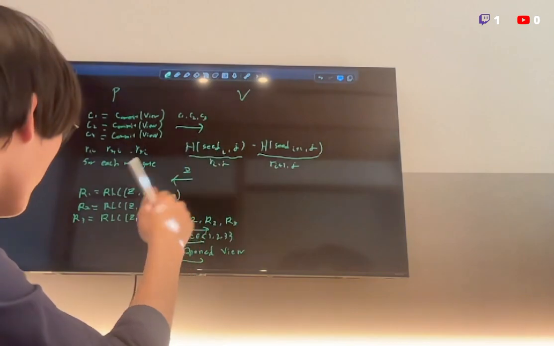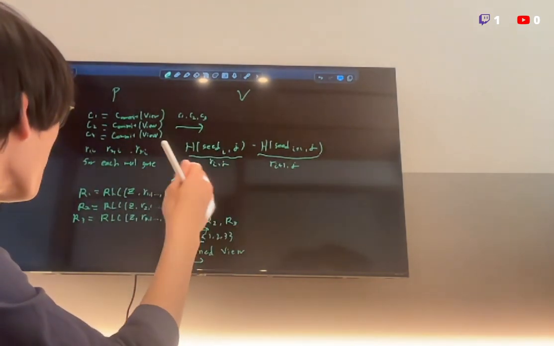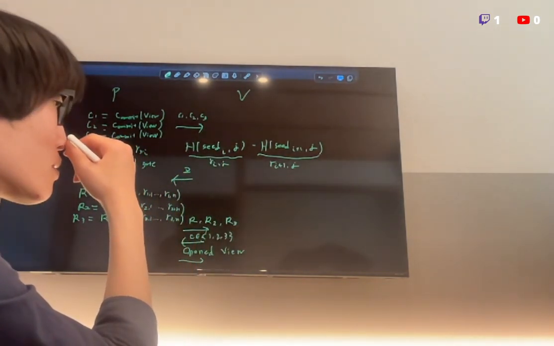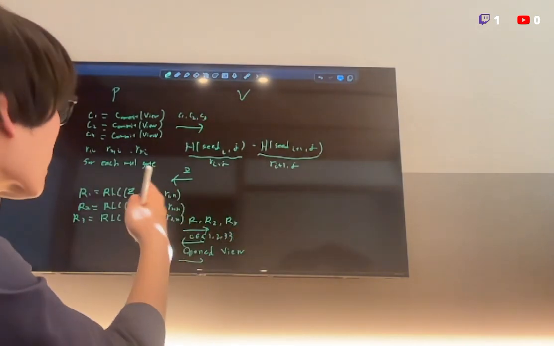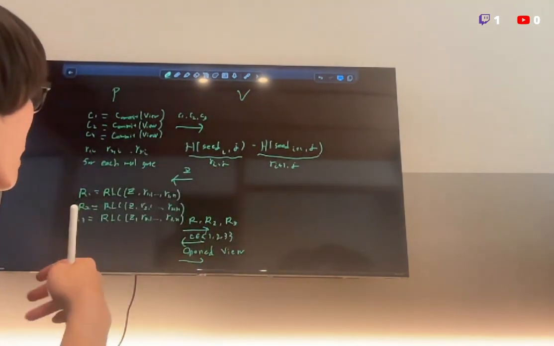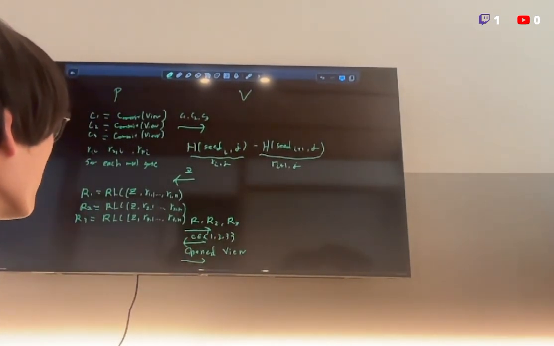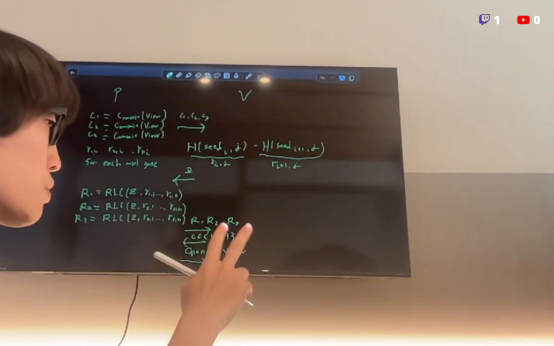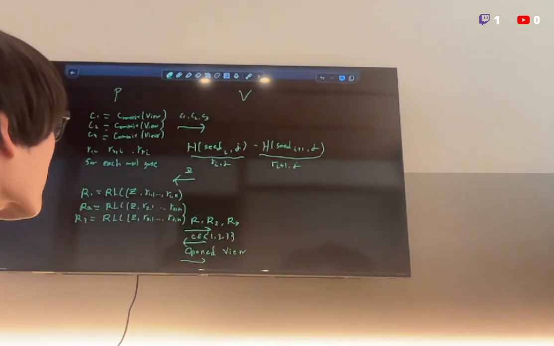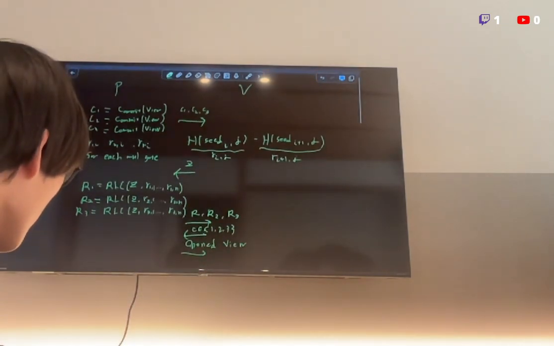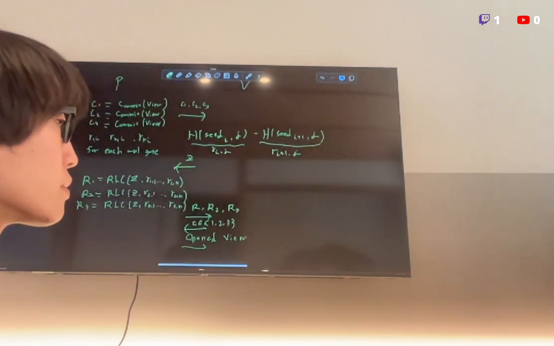But this is the same as the original ZKBoo protocol. Oh, this is the original ZKBoo? So even in the original? So RLC is new. So I meant even in the original ZKBoo protocol, it reveals two players' views. So this point is the same. I see, but the only benefit here is the verifier has to check fewer hash computations.